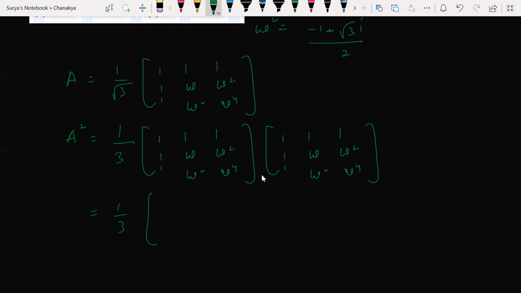We know that, beta, 1 plus omega square is equal to 0, correct? 1 plus omega, we know this. So multiply this into this. 1 plus 1 plus 1.